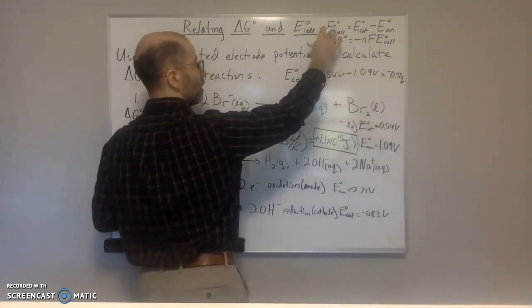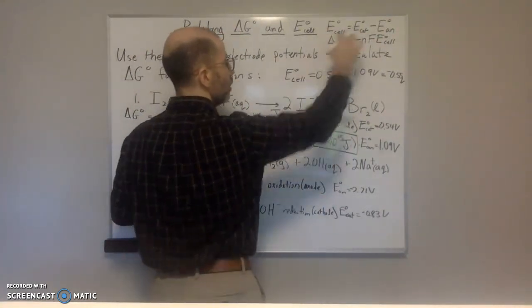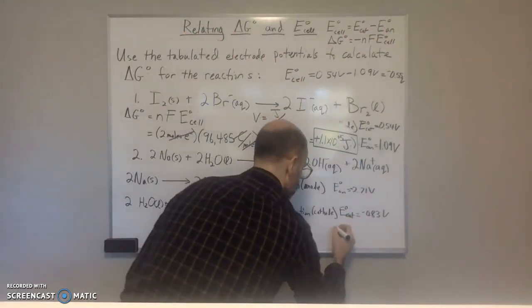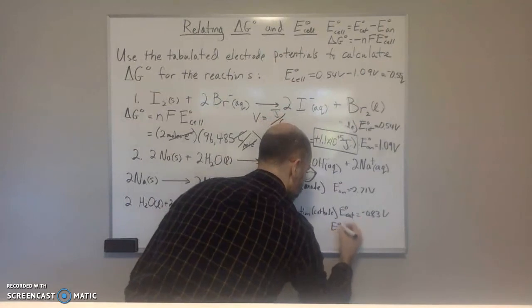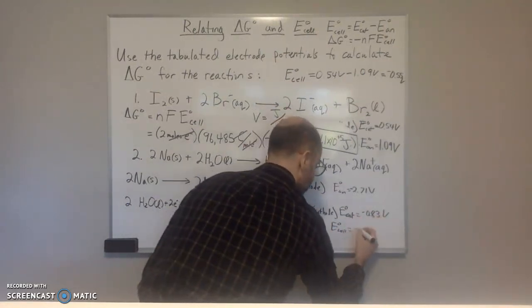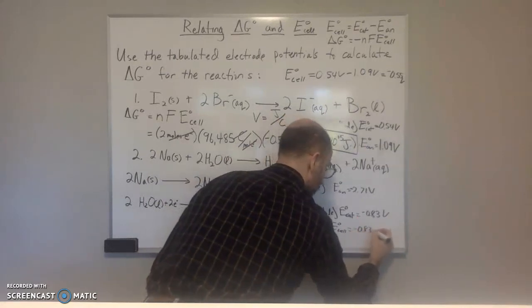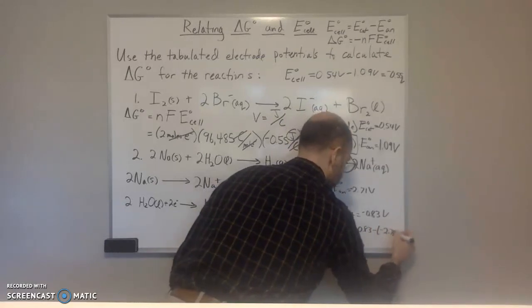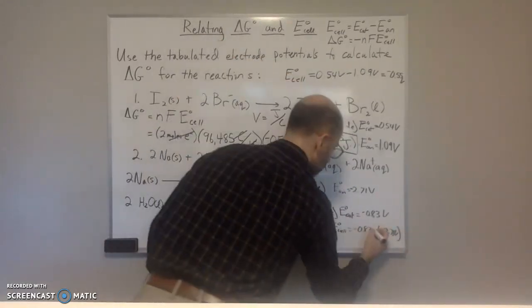To get the standard electropotential of the cell, it's cathode minus anode. So the electropotential of the cell is equal to the cathode minus the anode, so -0.83 minus -2.71 volts.